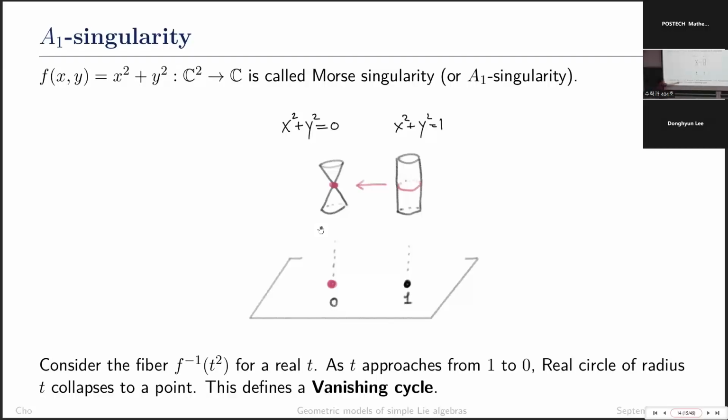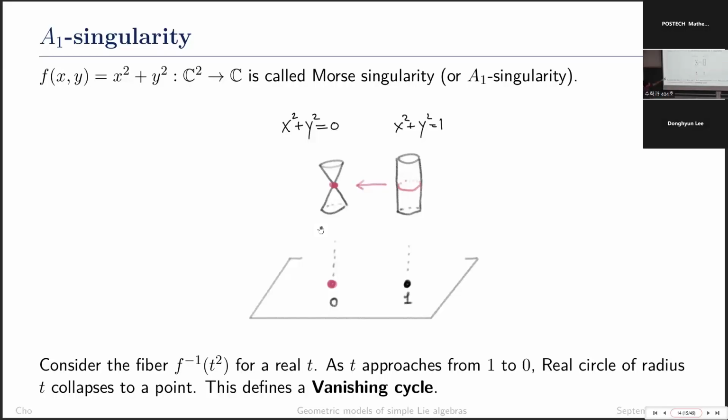And as you travel from 1 to 0, this left circle is actually the real solution space. If you think of x and y as real variables, then x squared plus y squared equals 1 is just a circle, right? And this circle shrinks and becomes a point. This circle is called the vanishing cycle.